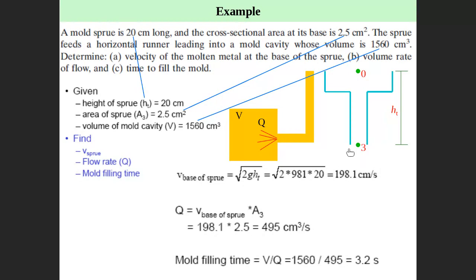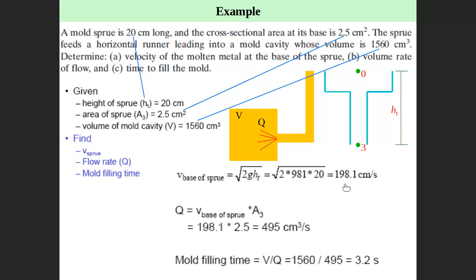We need to know V3. How to obtain V3? There is a very simple way. V at the base, V3, equals the square root of 2 g HT. We know HT is given, which is 20, right? G is the gravity acceleration, 981.